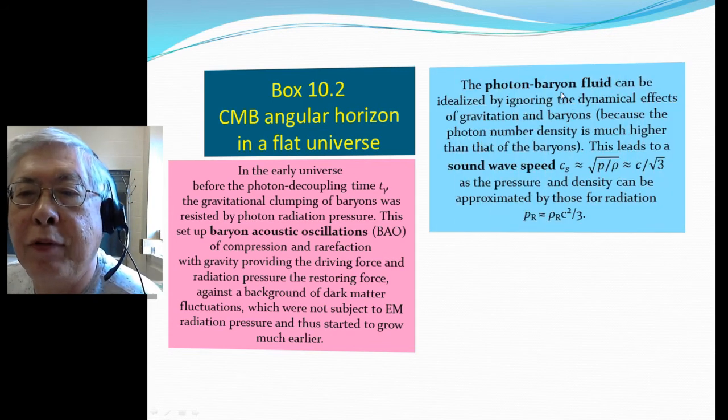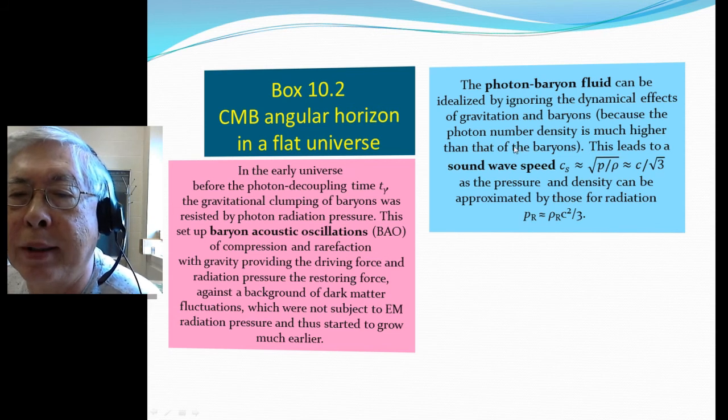The photon-baryon fluid can be idealized by ignoring the dynamic effects of gravity and the baryons, because the photon number density is so much greater than that of baryons. This leads to a sound wave speed. Remember, the sound speed is the square root of pressure over density.